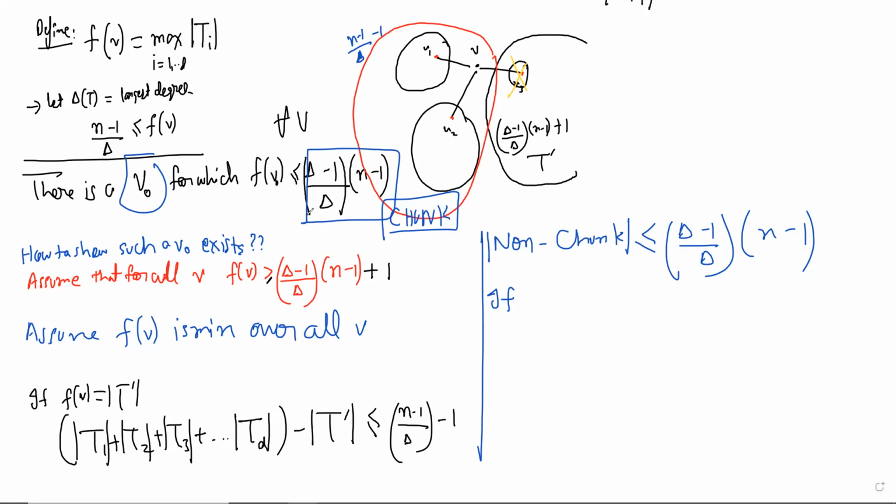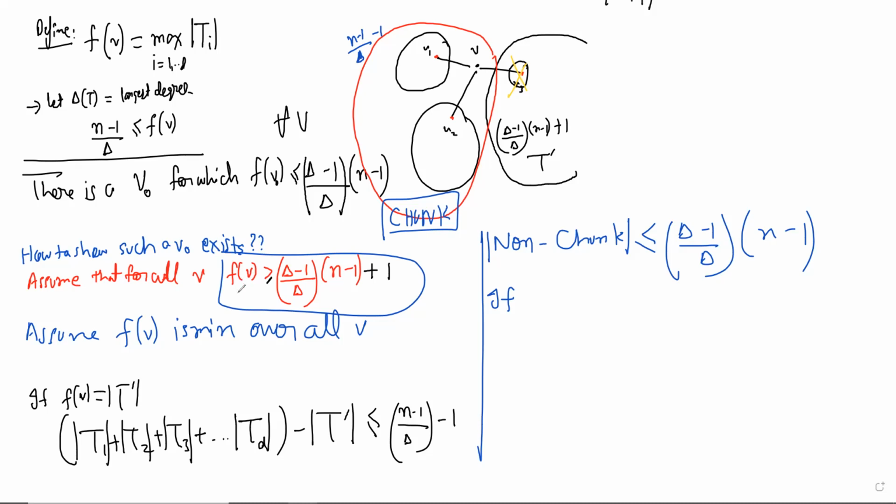In other words, we are trying to prove there is some vertex V naught for which FV naught is this. That's kind of the best vertex in some sense. How to show that such a V naught exists? Assume that for all V, this is true. But that itself will not lead to a contradiction.